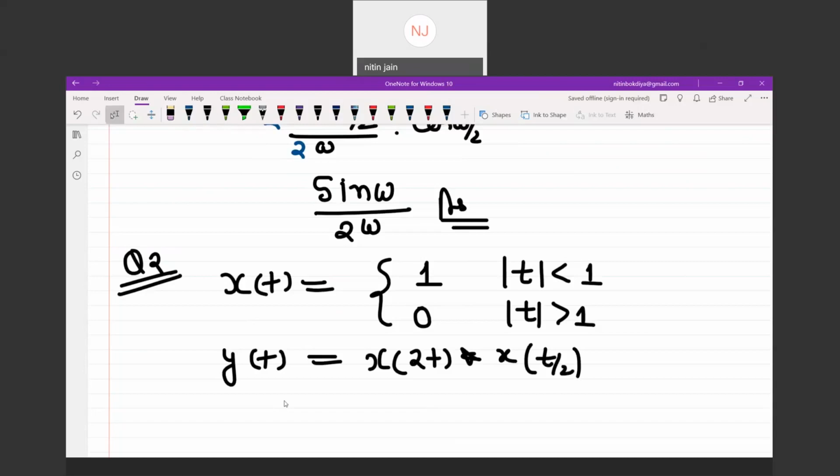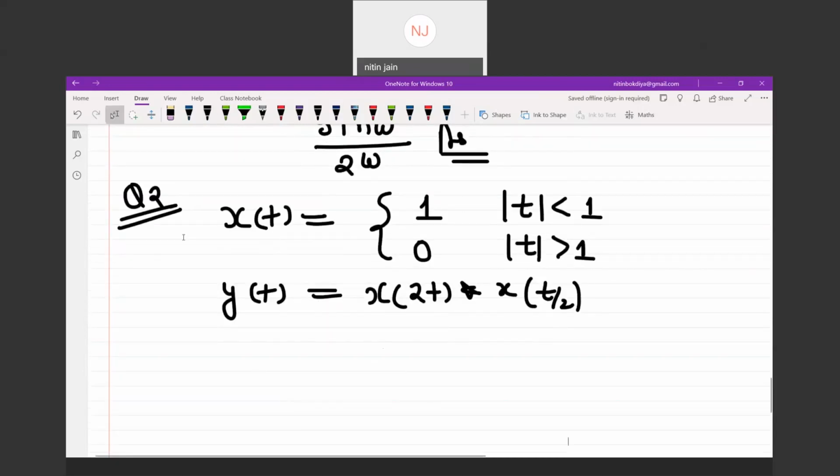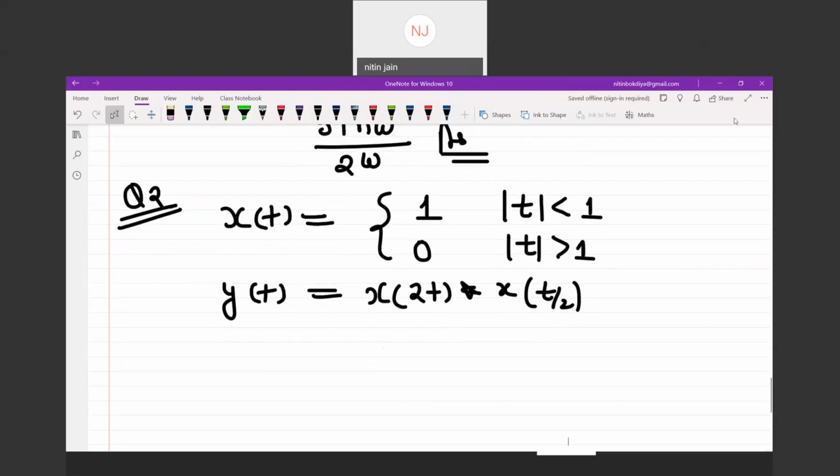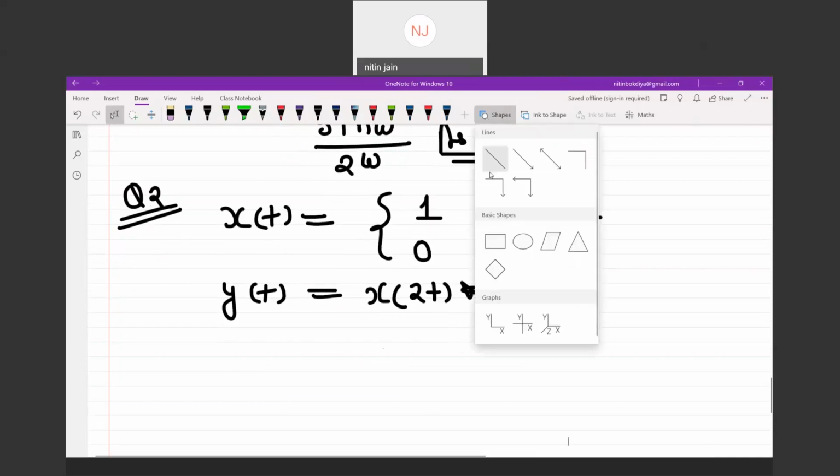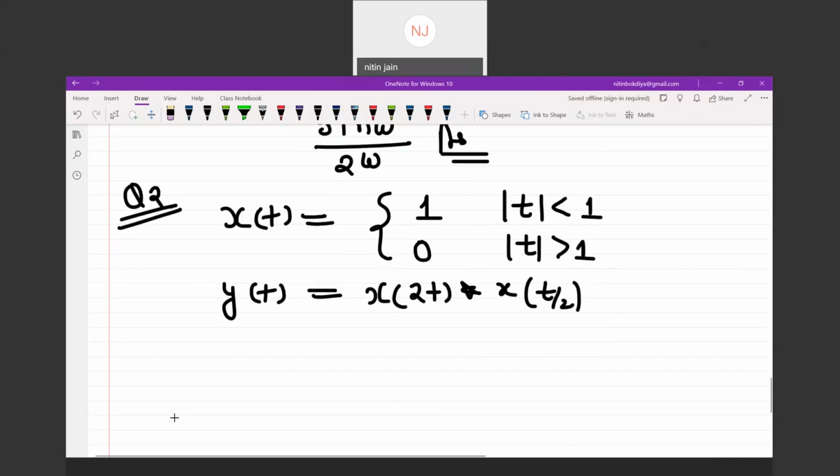It is a very good question, let us see it. How can we draw the Fourier transform of x of t? So first draw the x of t. You can say this is our x of t.